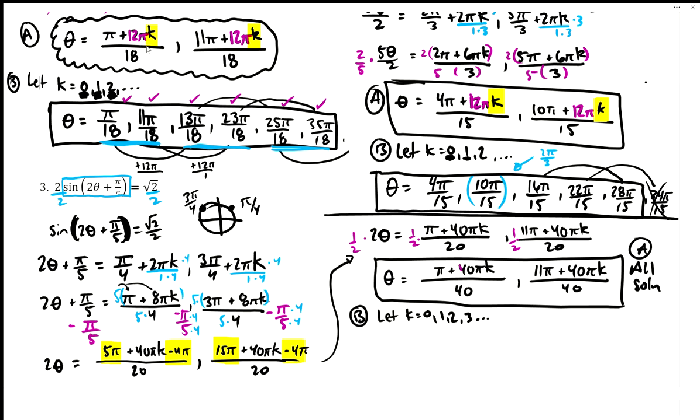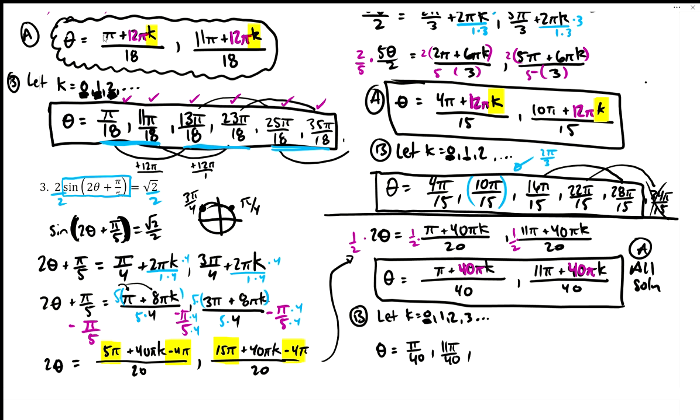But really, it is just focusing on counting by that 40 pi being added to our pi in the numerator. So when k is 0, the 40 pi times 0 would be 0, so we're left with just pi over 40, comma. And then again, when k is 0 in the second answer, we would just have 11 pi over 40.